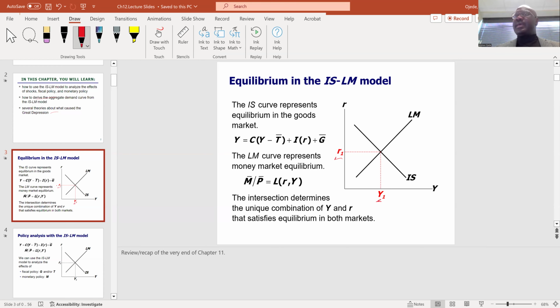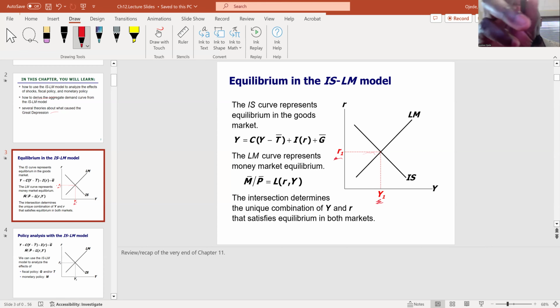When the goods market, which derives the IS curve, and the money market, which gives you the LM curve, reach equilibrium simultaneously, the IS curve and the LM curve intersect. The point of intersection depicts the short-run equilibrium point, which determines the corresponding short-run equilibrium values of interest rate, R1 there, and output level.